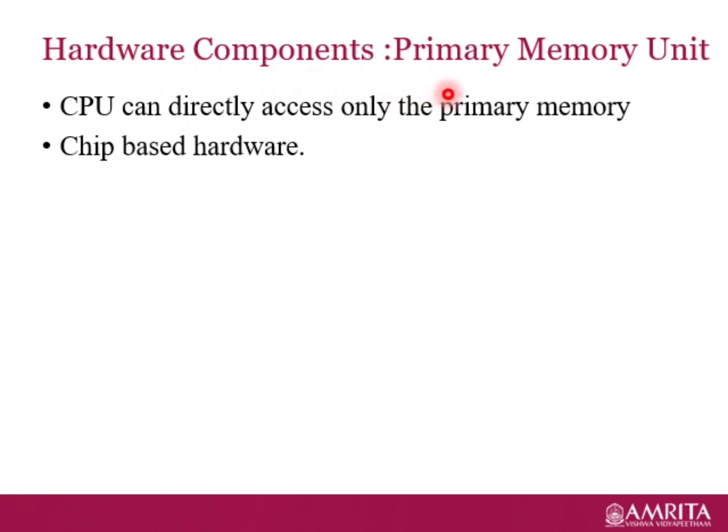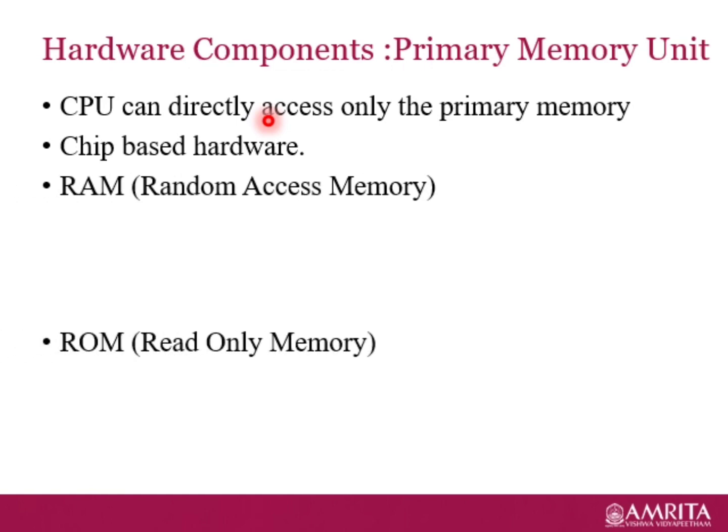First, we can have a look at the hardware components of the primary memory unit. Previously, while explaining the functional unit diagram, I clearly mentioned that the CPU can directly access only the primary memory. It is chip-based hardware, and as mentioned, RAM and ROM are the hardware components of a primary memory unit.